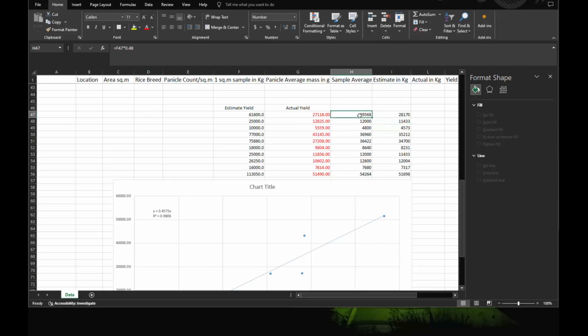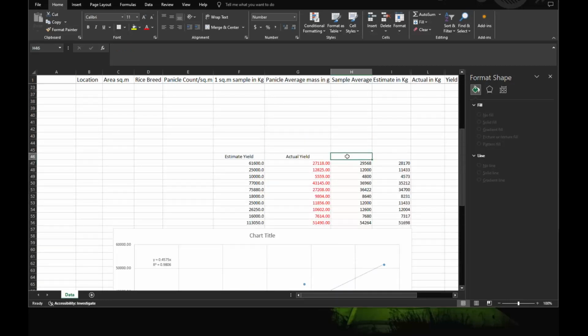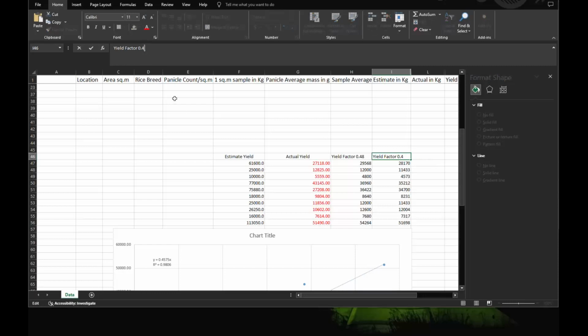Now I use 0.48. So with 0.48, it's a little bit higher. The 0.48 yield factor, you're getting a little bit higher. And this one, yield factor of 0.575 or 73.